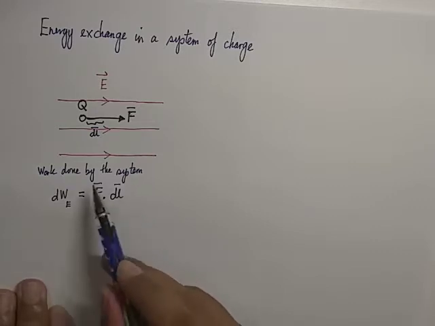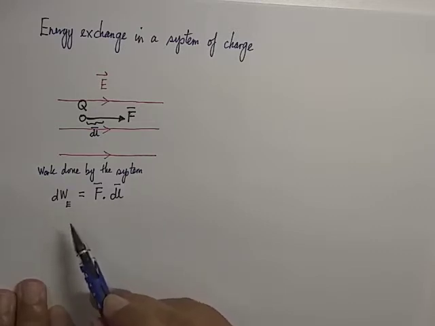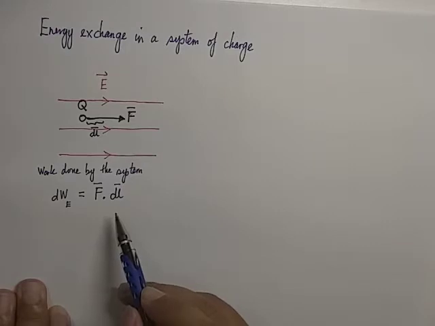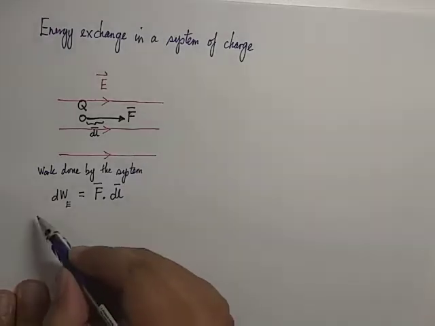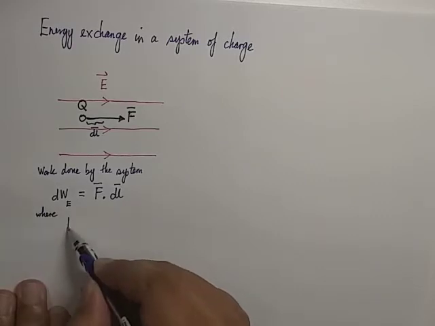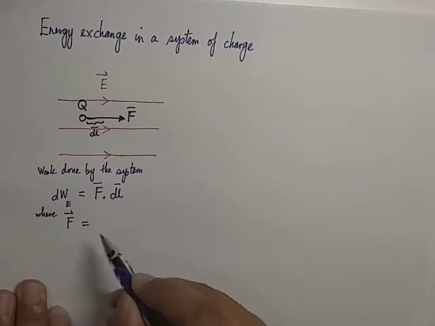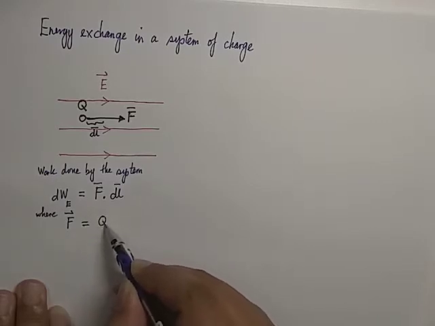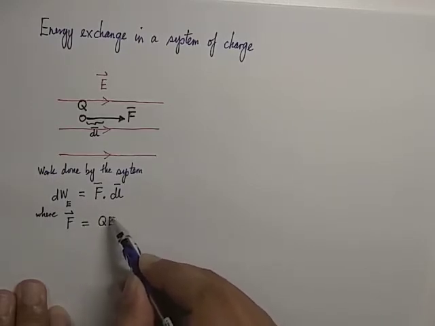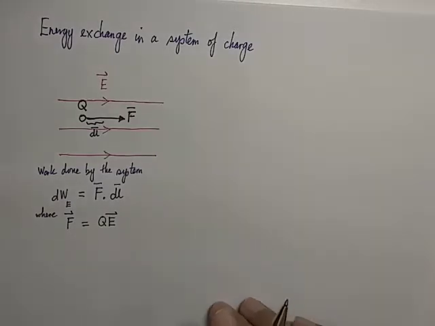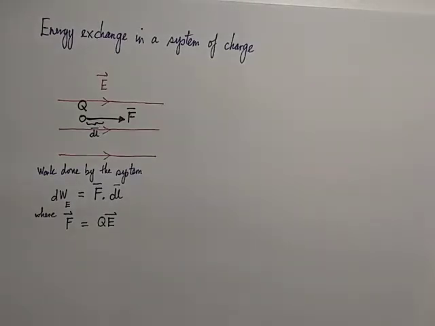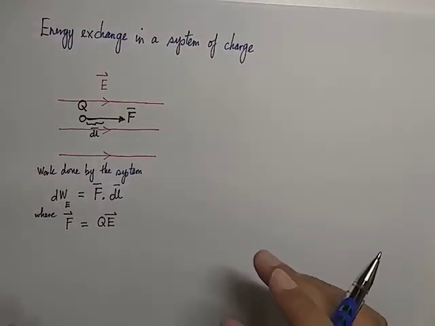Therefore, we must utilize the dot product in this particular calculation, where F here, based on our previous discussion, should be equal to Q multiplied with E. So that's what should be the equation regarding work done by the system.